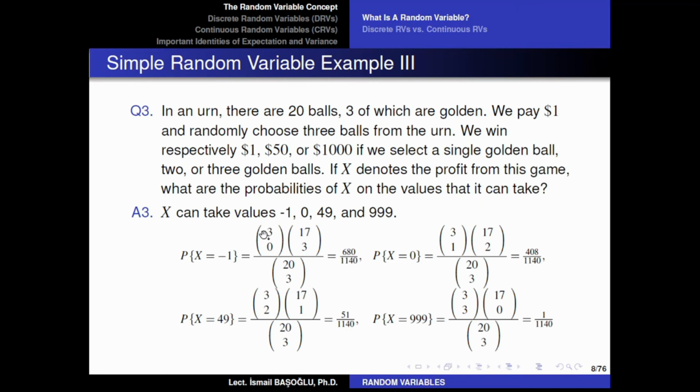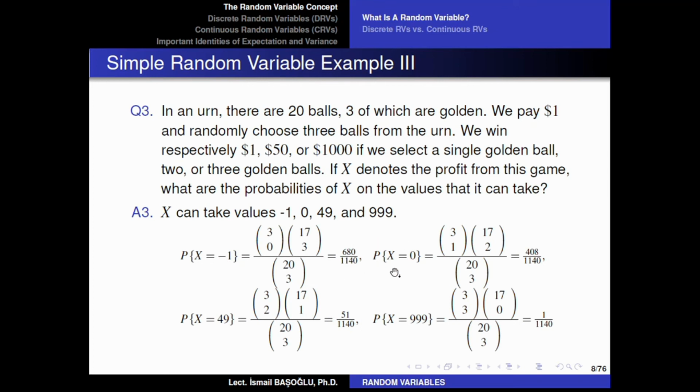We determine this by the basic principle of counting. We say 3 choose 0 times 17 choose 3. The numerator will bring you 680, and the denominator will give you 1140. So this ratio is the probability of losing your $1, the probability of having -$1 profit.